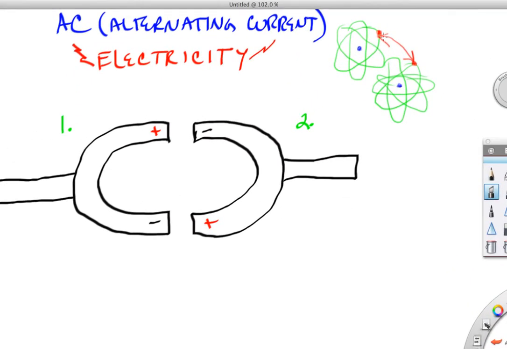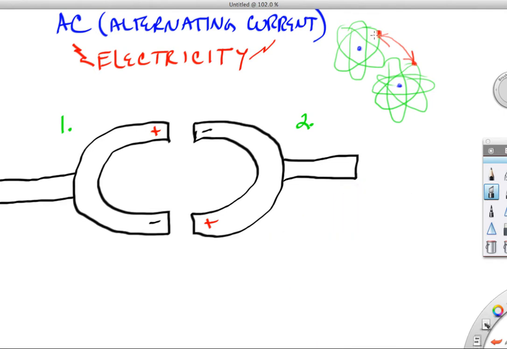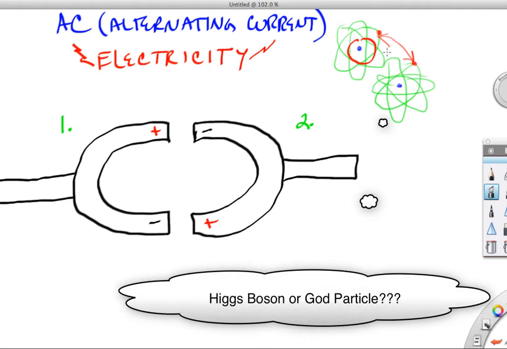Now we know that electricity and magnetism are closely related. We don't quite understand how it is that this nucleus of these atomic particles, even though they're containing positive and negative, or actually neutrally charged particles, how the positives stick to each other.